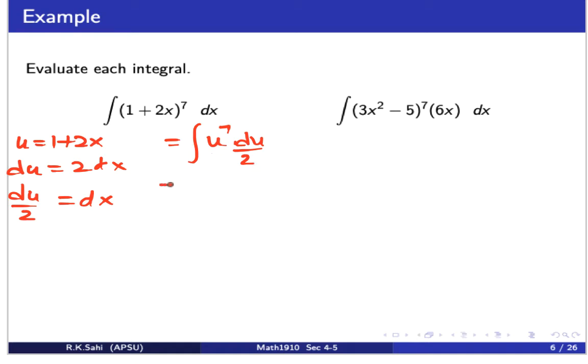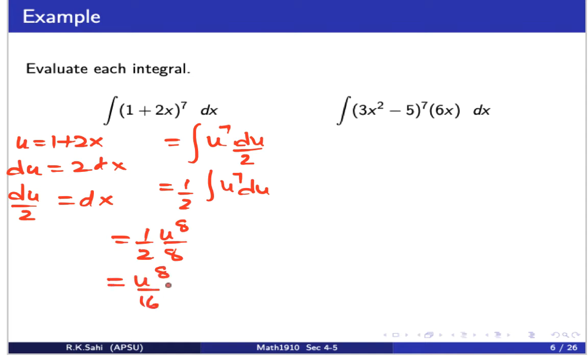Now remember, your half is a constant, pull that out, and you have u to the power 7 du. Now it's going to be half u to the power 8 over 8. Your final answer is not final, almost there, u to the power 8 over 16.